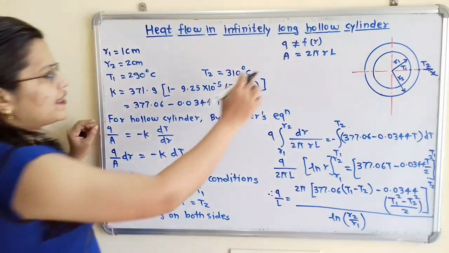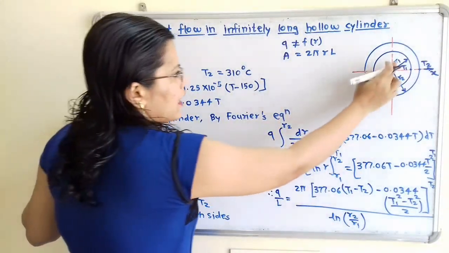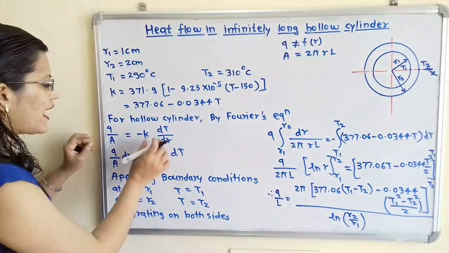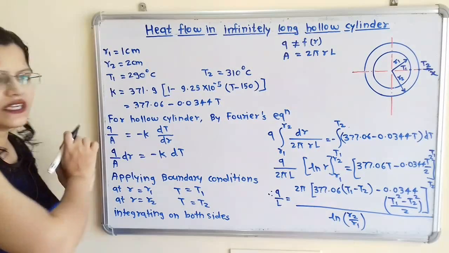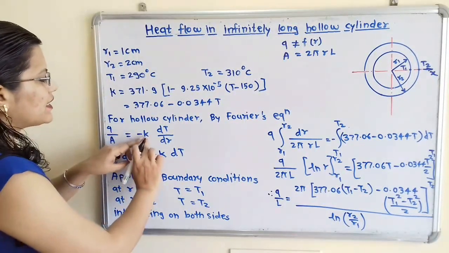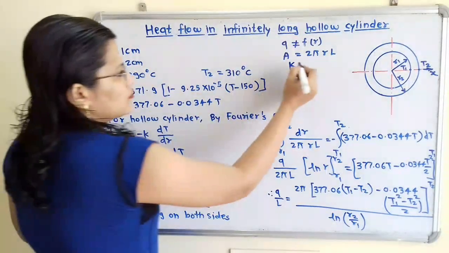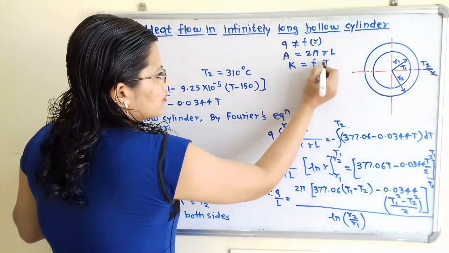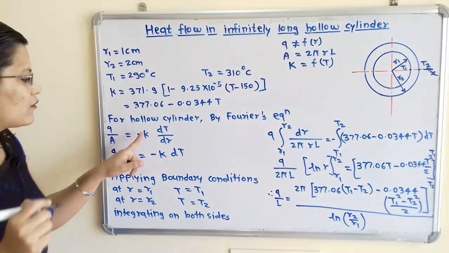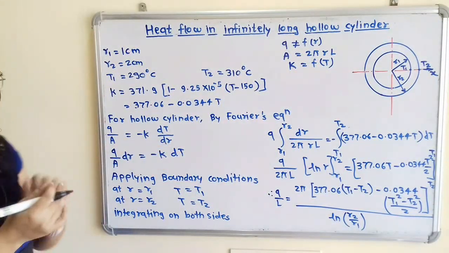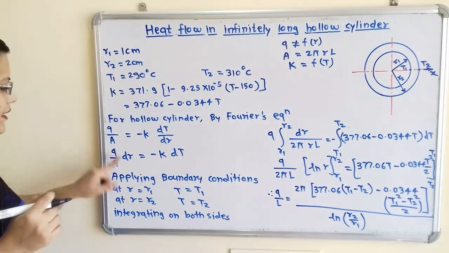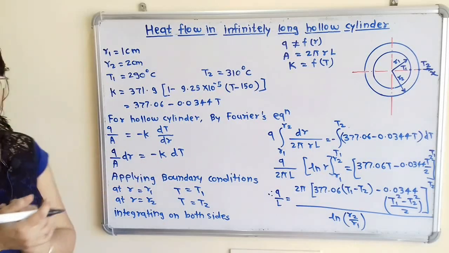That is, A is a function of R and R is variable, so we transfer dr to the left hand side. K is a function of T, because K is defined in terms of T, so we take it as K dT. So how do we simplify this? Q by A dr is equal to minus K dT.